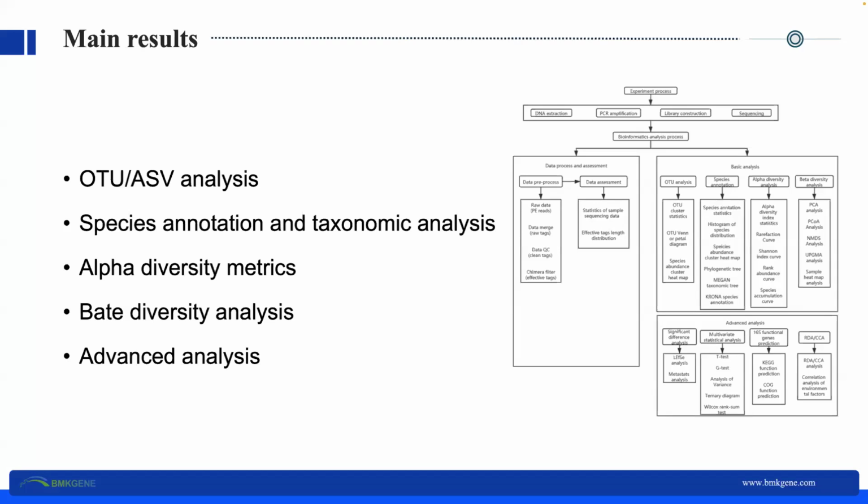For the main results you may be interested in, BMKCloud provides OTU analysis, species annotation, alpha diversity, and beta diversity results. For some analysis designs, such as those including environmental factors or group settings, BMKCloud provides some advanced analysis results.